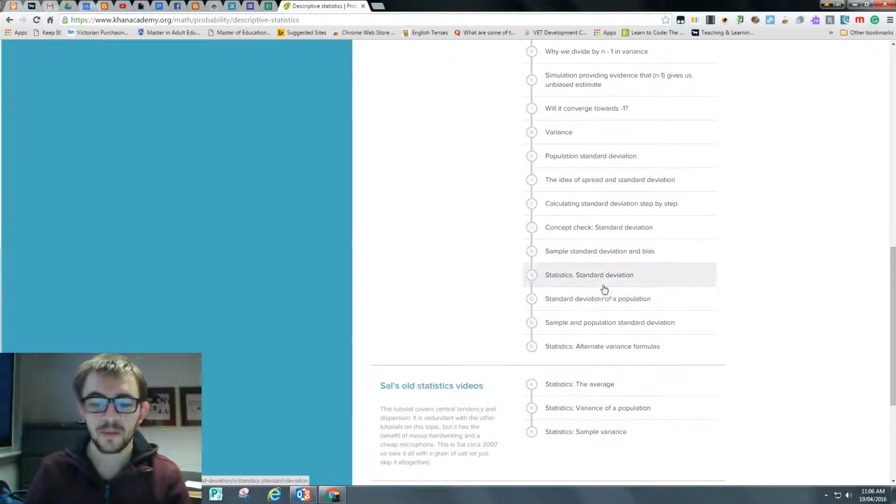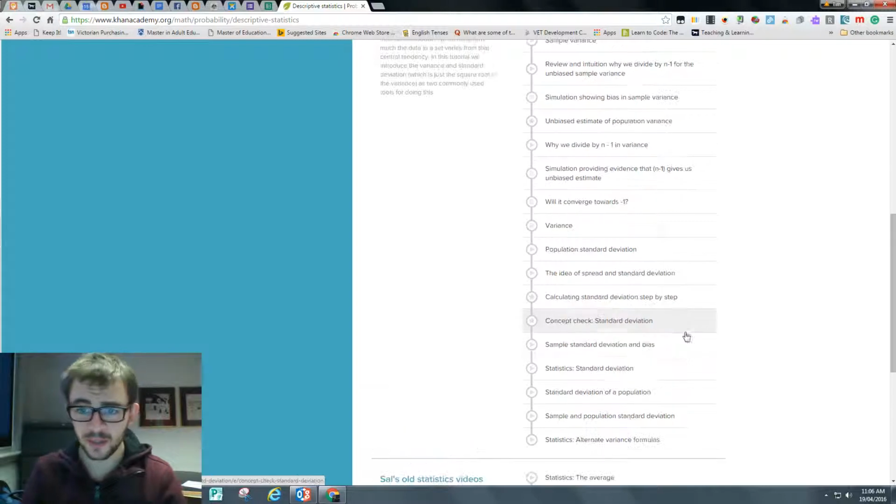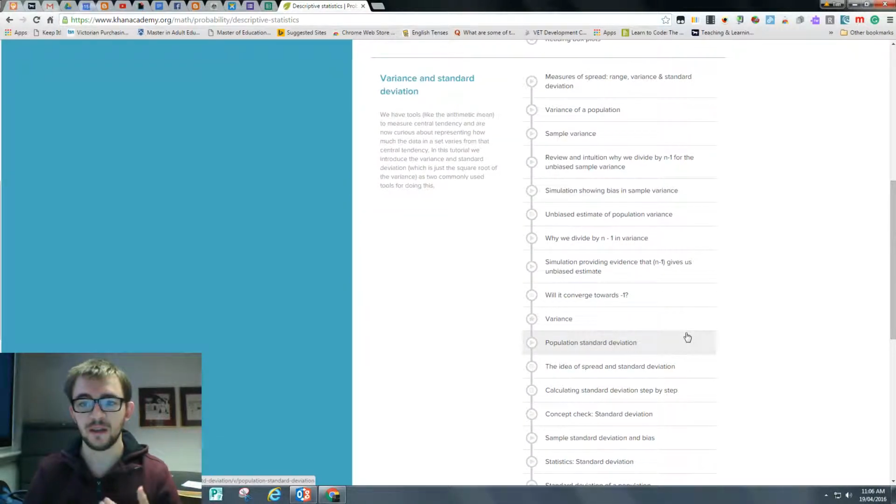So, just a quick rundown: variance is how far things vary from the average. So the average distance from the mean, if that makes sense. You work out the mean, and then the variance is working out how far all your data points are from that average.